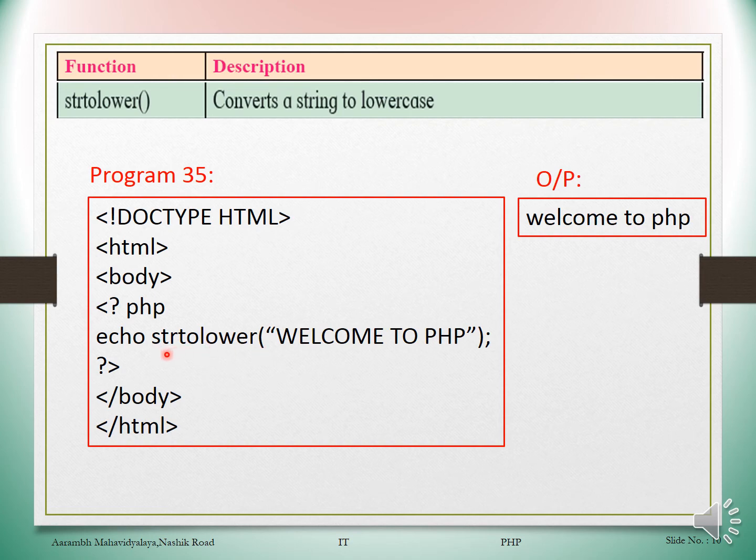Remember that when I say str, that means string. The provided string or data will be converted into lowercase like this. The provided data is completely in capital letters and the output data is in small letters or lowercase.